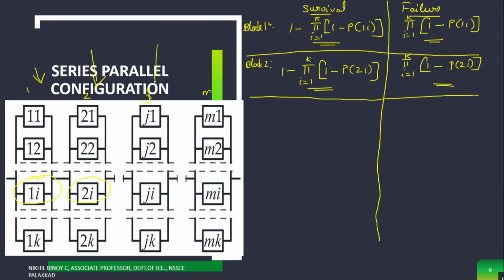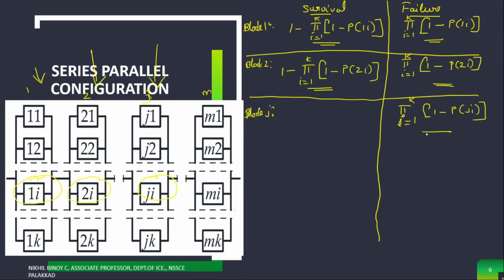Now consider the jth block. By considering block J, we can easily write the probability of failure of the jth block as the product of I equal to 1 to k, 1 minus P of Ji, where this element is Ji.